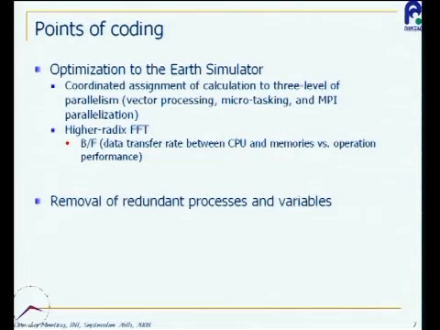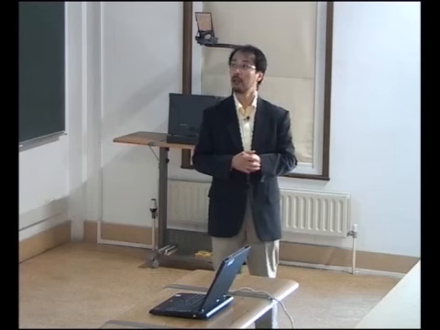It needs a coordinated assignment of calculation to 3-level parallelism. The Earth Simulator has the 3-level parallelism. One is vector processing. The other one is microtasking. The rest one is the MPI parallelization. So we use these 3-level parallelization for the code.